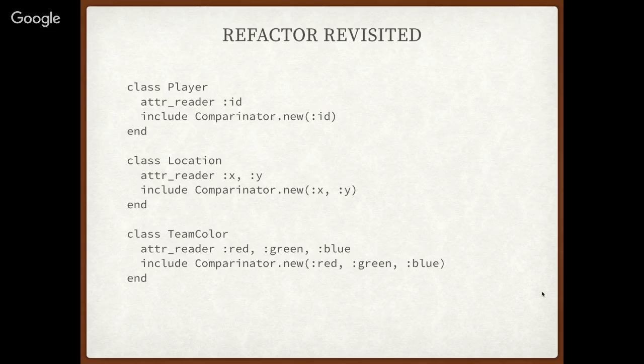So if you want to override the double equals in location now, it will work well, because Comparinator is now part of the ancestor chain, super exists. Is that what you're saying? Right. Yes. That's exactly what I'm saying.